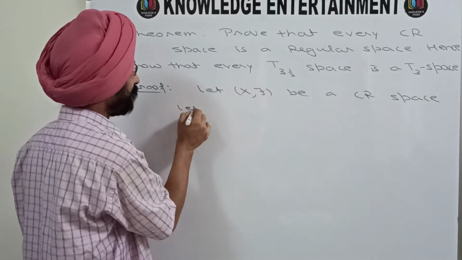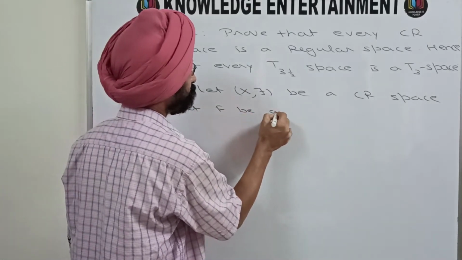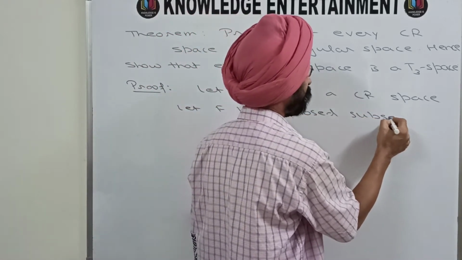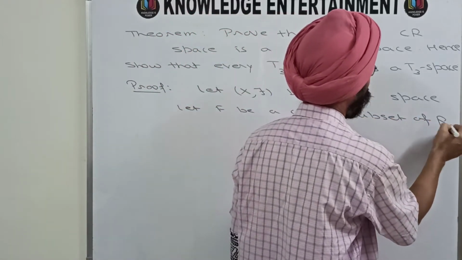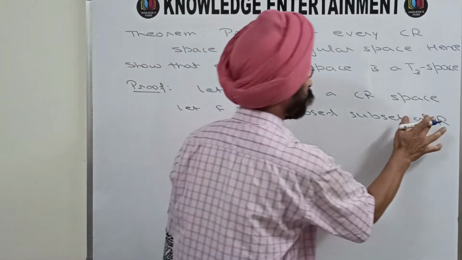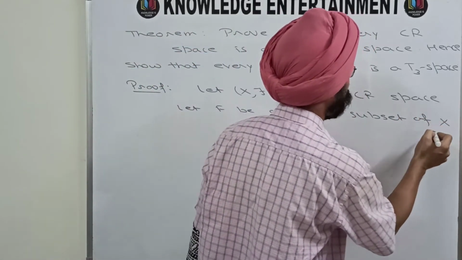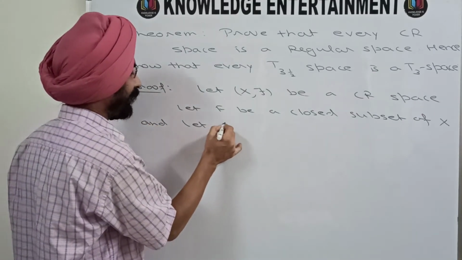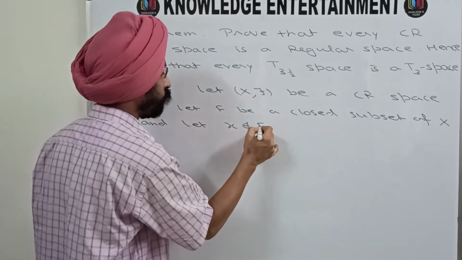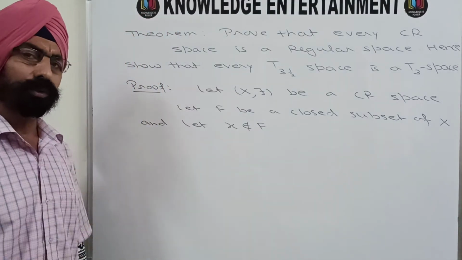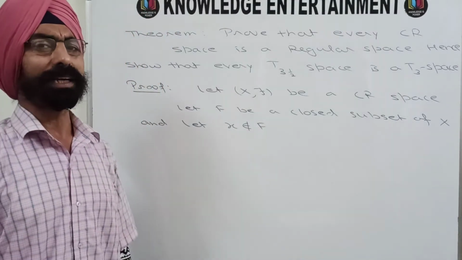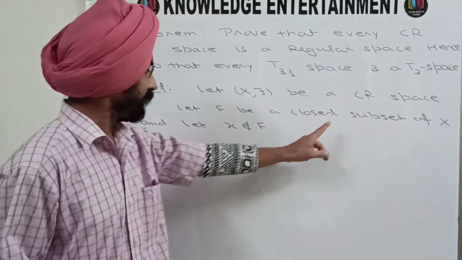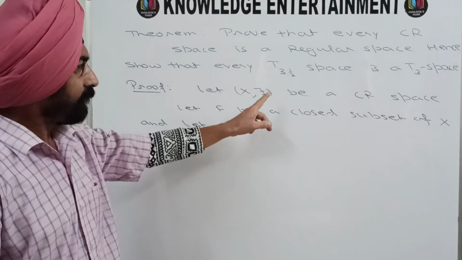So let F be a closed subset of X, because the topological space we have taken is X, and let x be a point not belonging to F, because we are going towards the regularity of the topological space. Now F is a closed subset and x does not belong to F.